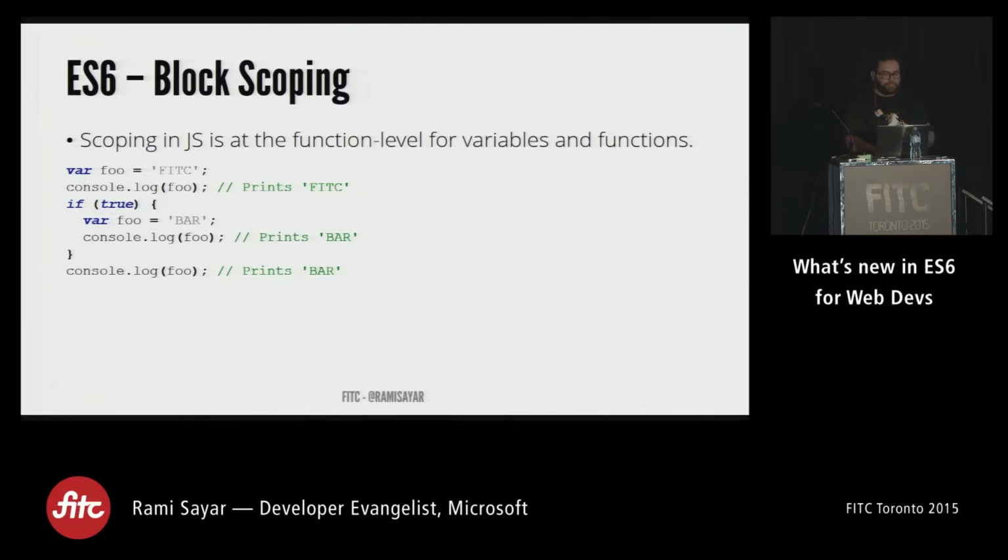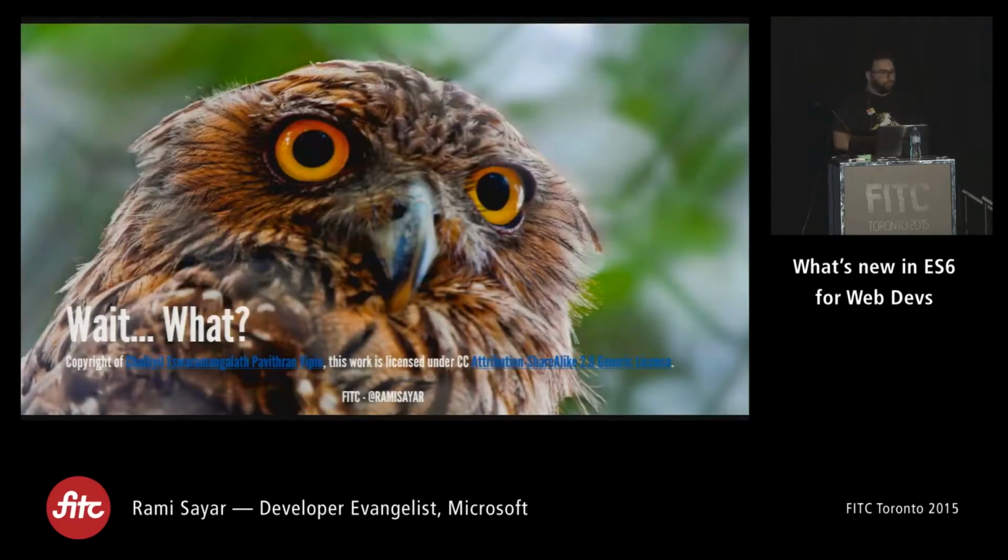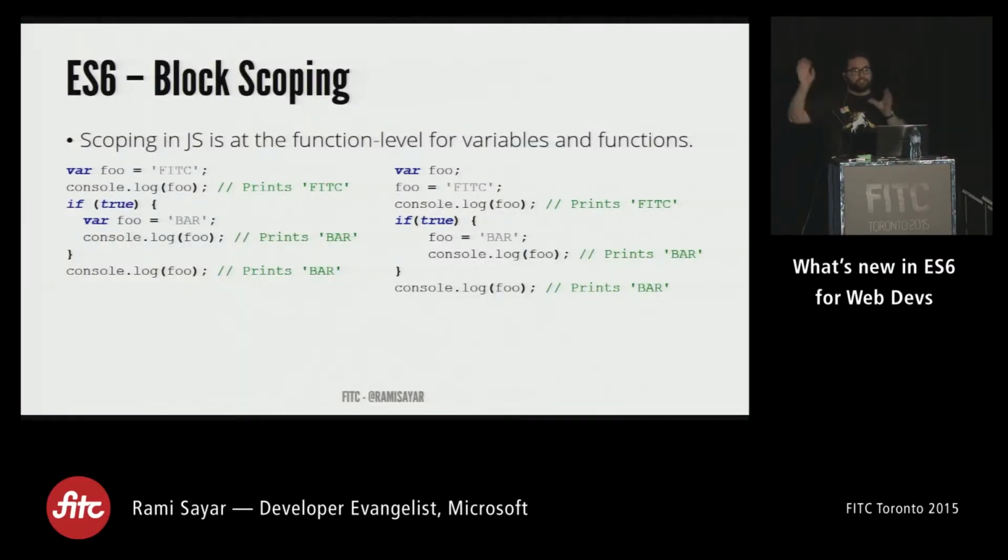If you look at this, var foo, you set it as FITC, you would think that this new variable that we declared will stay within this scope right here, and it won't actually continue, right? Well, wait, what? It actually doesn't seem to carry the scope. And that's because scoping in JavaScript is at the function level.